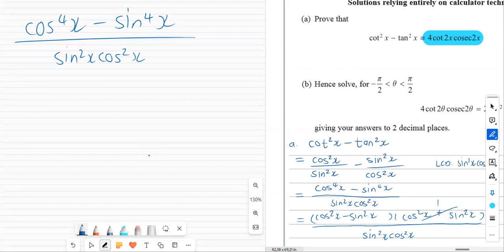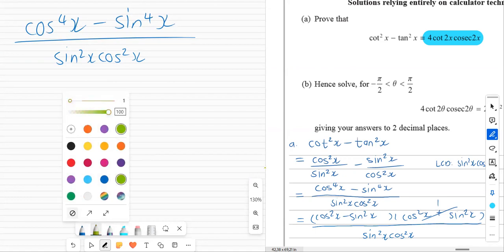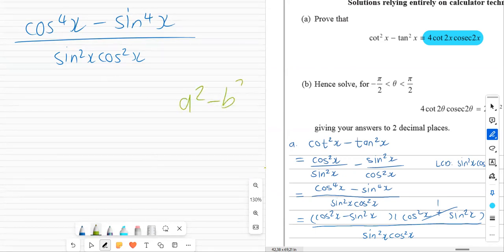And this is the difference between two squares. Difference between two squares you have to look for is a squared minus b squared equals a minus b, a plus b. So difference between two squares, that's what I'm talking about, but we're doing it with cosine, so we can immediately just spread that out.